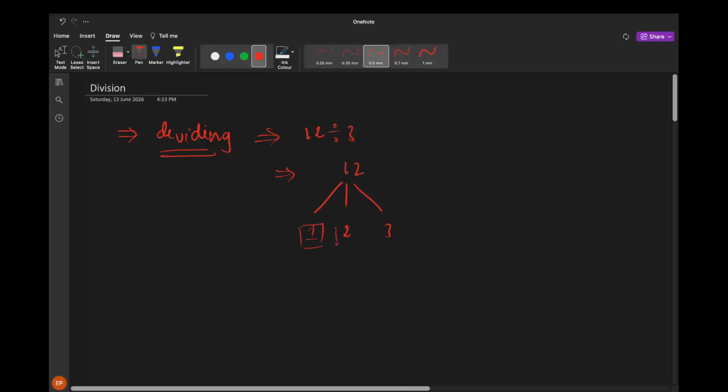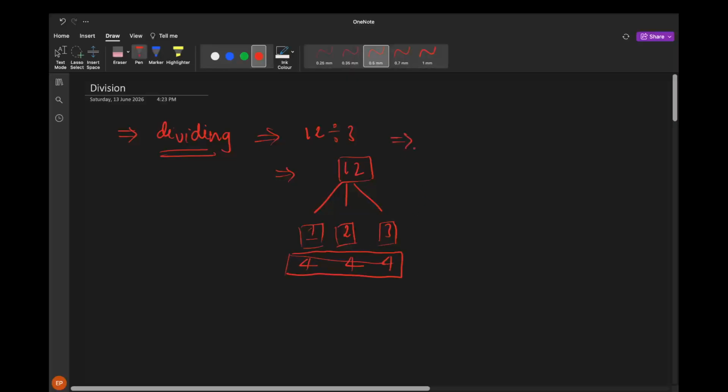Each one should get an equal amount of rupees. Each one should get 4 rupees, right? Then only the sum of these 3 amounts will become 12.